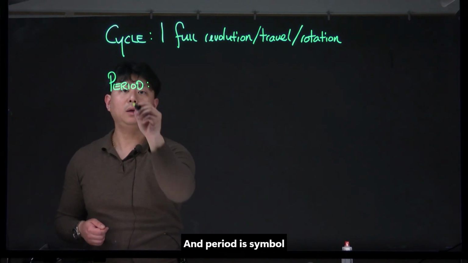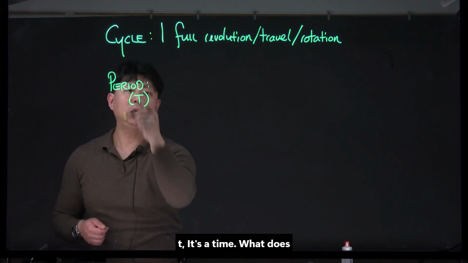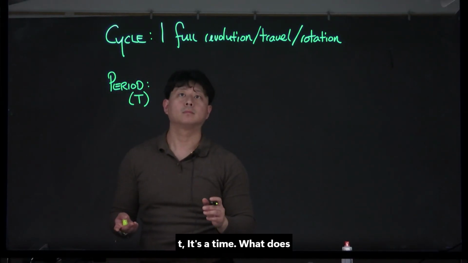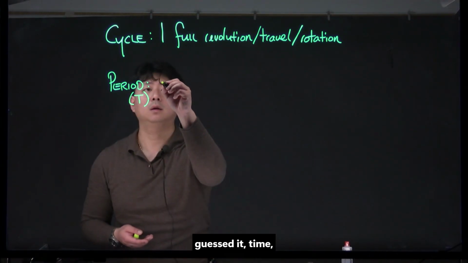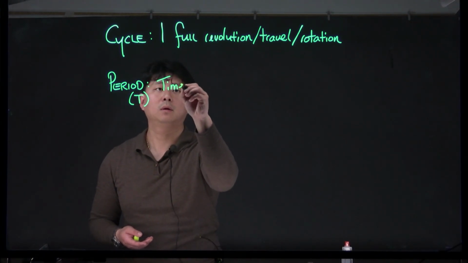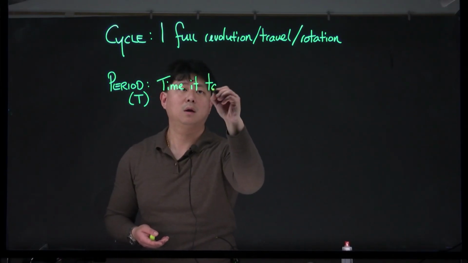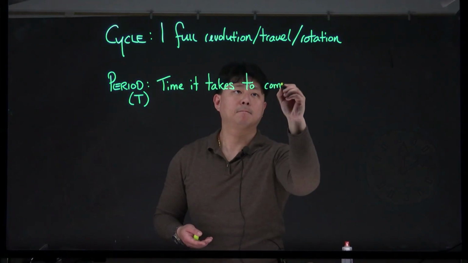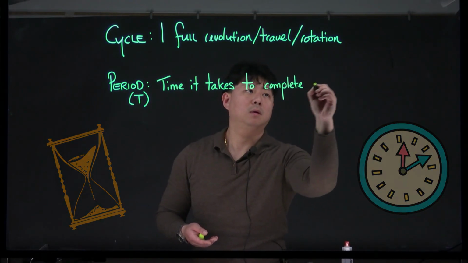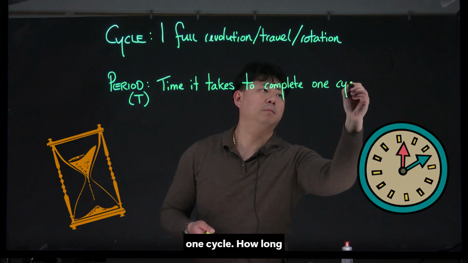Next, we have period. And period is symbol T. It's a time. What does that indicate? You guessed it. The time it takes to complete one cycle.